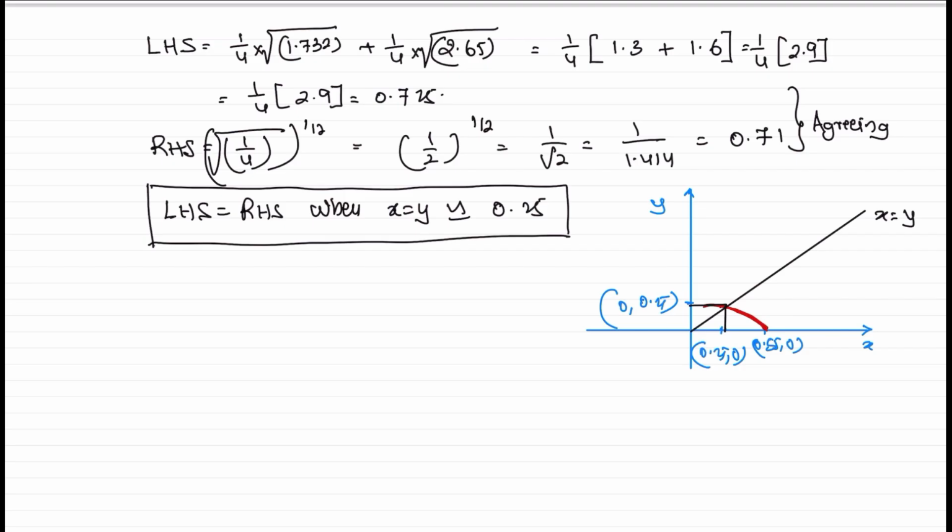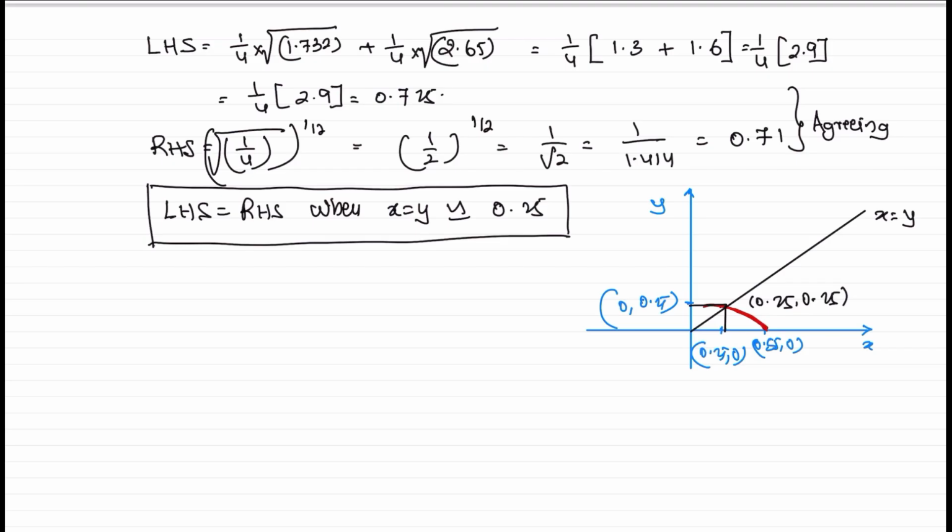That means our curve cuts the x is equal to y line at 0.25 approximately. It is not exact, approximately, because we don't have the calculator, we have taken the values approximately, it cuts at 0.25.